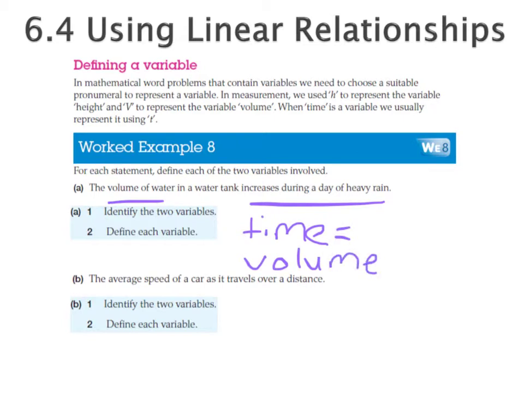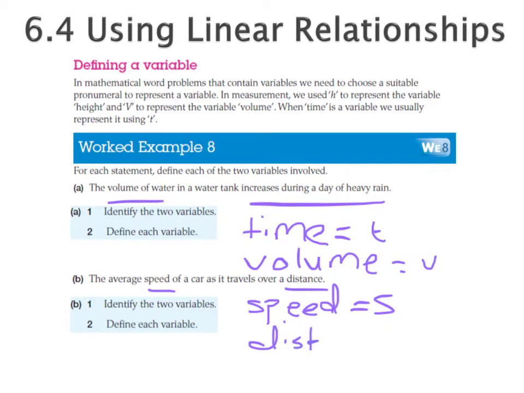And really it's up to you guys what they do equal. So T for time is pretty straightforward, and V for volume. Next one we're looking at is speed and distance. So I'm going to write down speed, and we'll make that equal S, and distance to equal D.